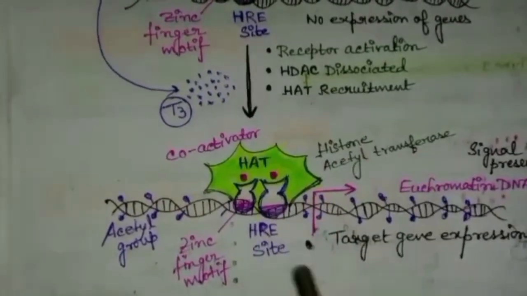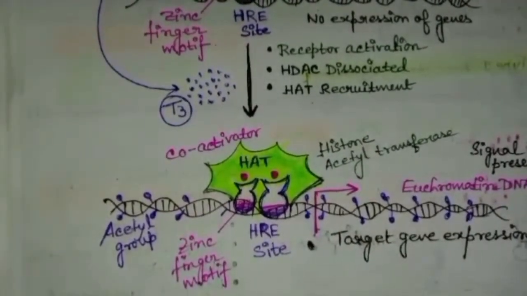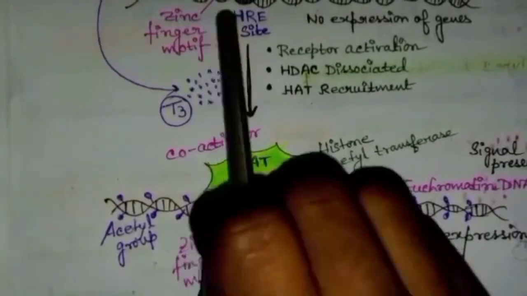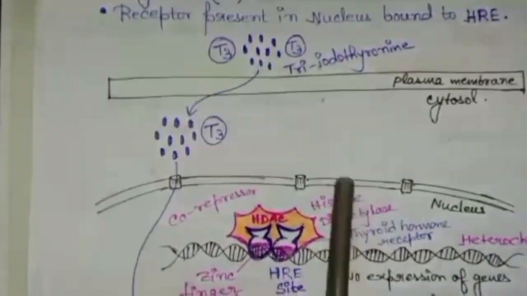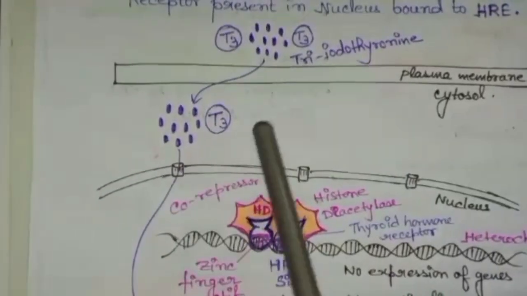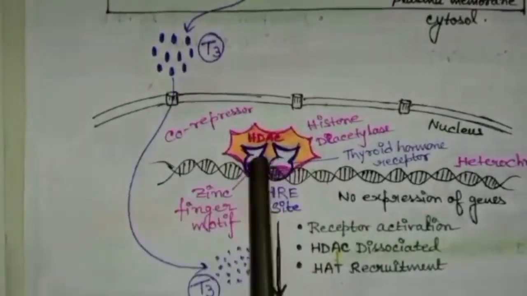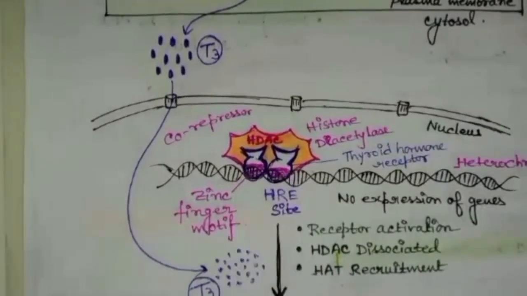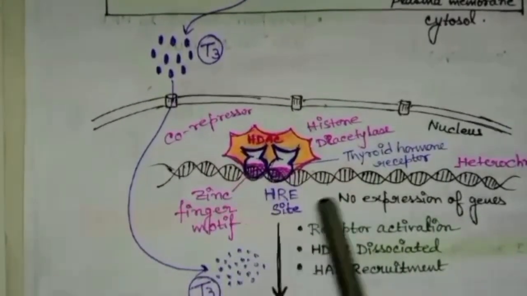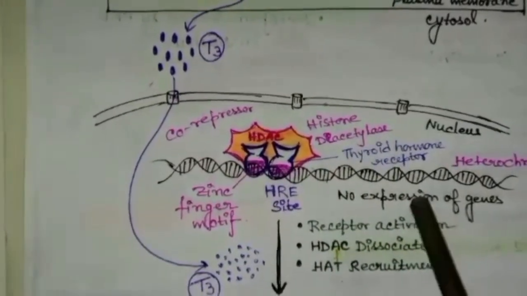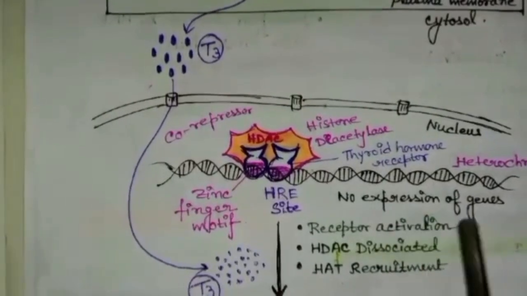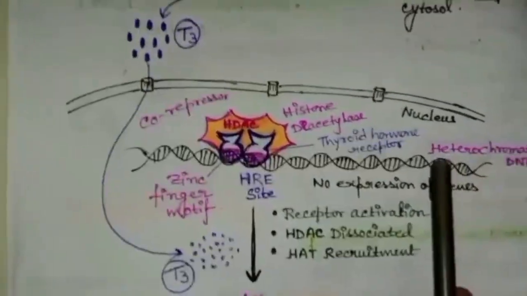This is the activation of nuclear receptors. First, triiodothyronine enters the cytosol and then enters the nucleus. Here, due to binding of the co-repressor HDAC, histone deacetylase, with the receptors, the thyroid hormone receptors are inactivated, and there is no expression of genes due to heterochromatin DNA.